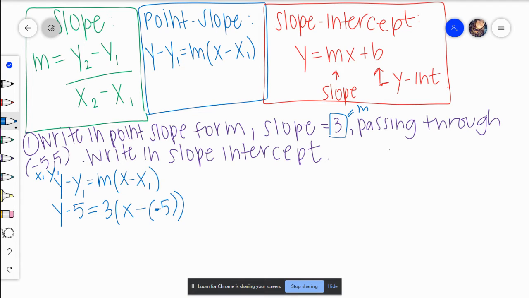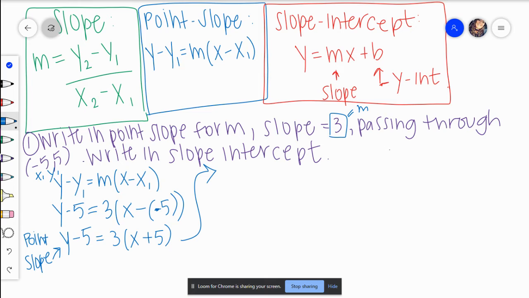We're going to simplify this just a little bit. Y minus 5 equals 3 times x plus 5. Negative times a negative is a positive. This is point slope form. If your homework asks you to write it in point slope form, this is point slope form.